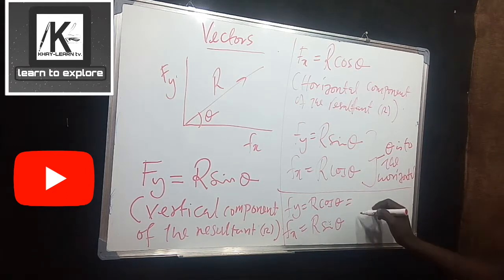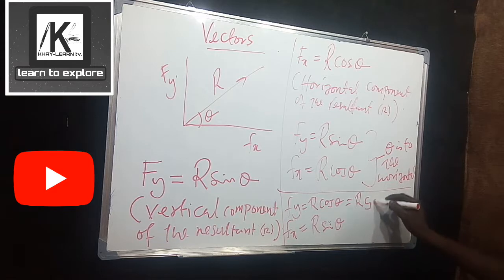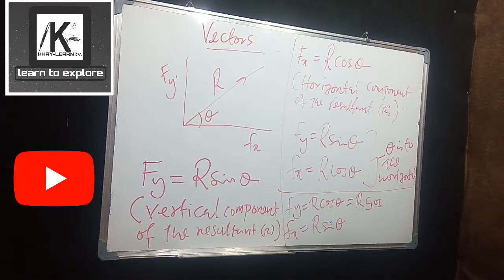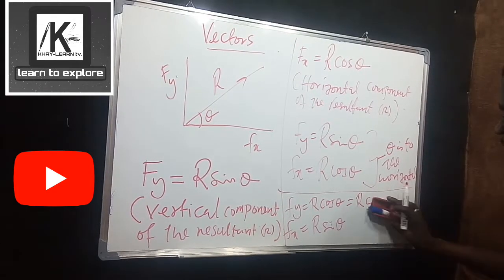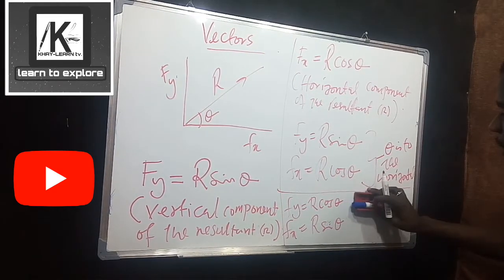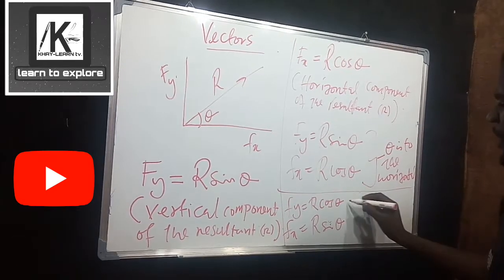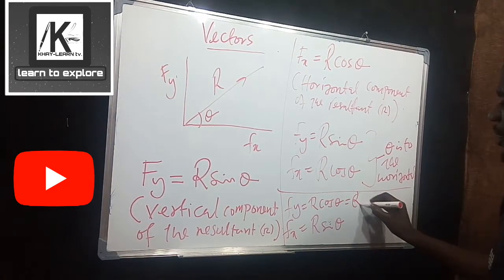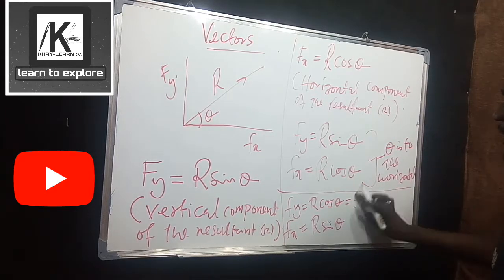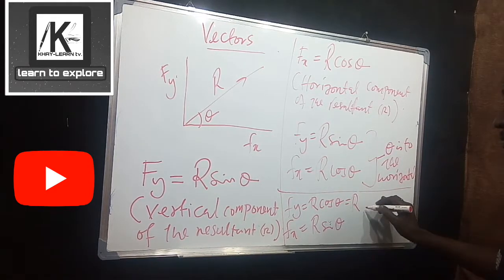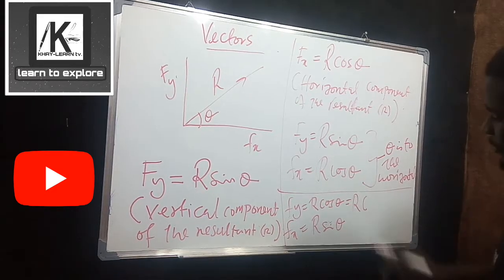This could also be the same thing as R cos, but I think we can leave it this way. So what we have is just R cos theta, but we can still take it further.